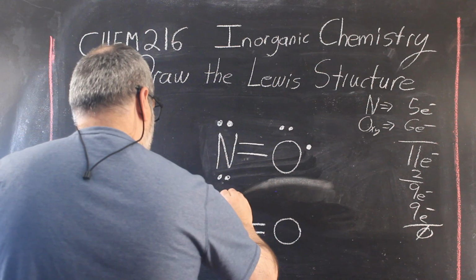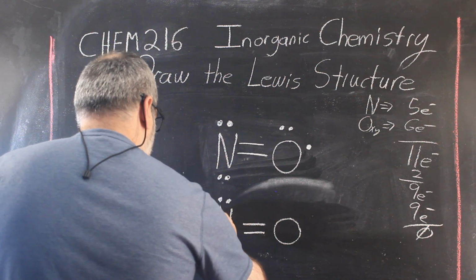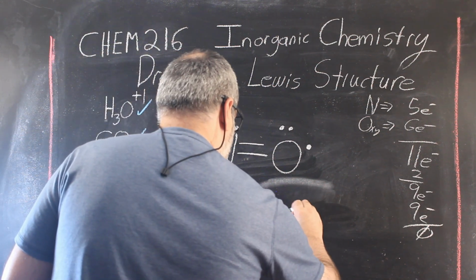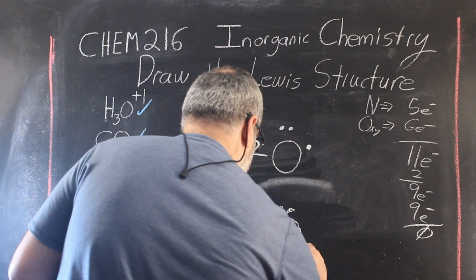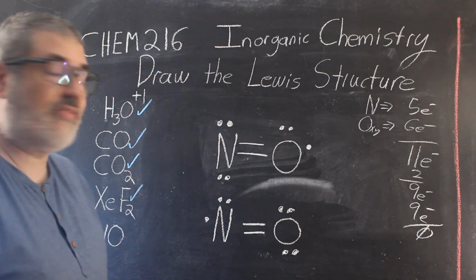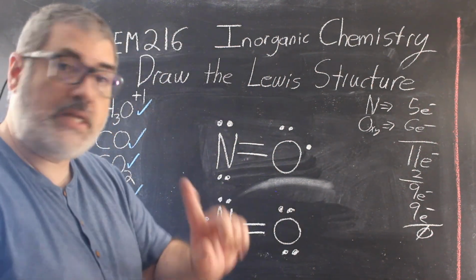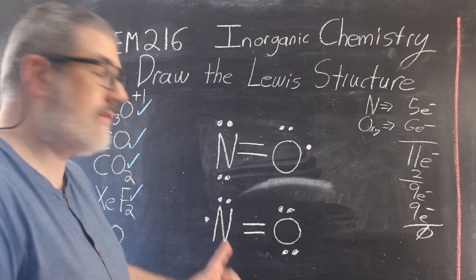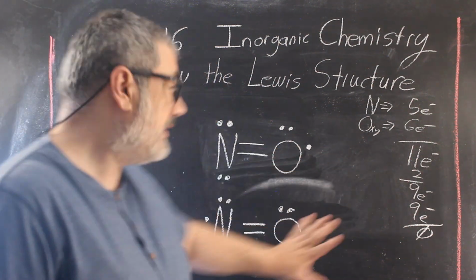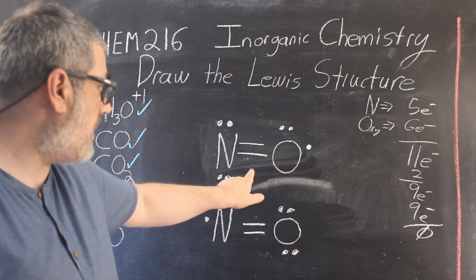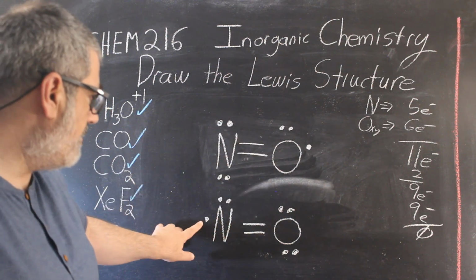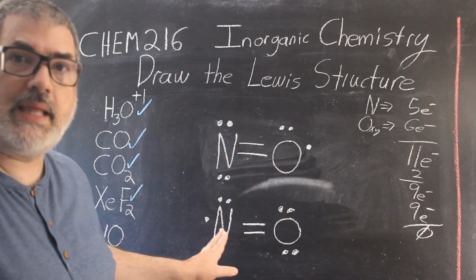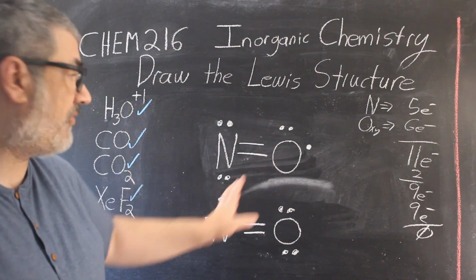So I'm going to have this structure instead. I haven't cheated. 2, 4, 6, 8, 10, 11 electrons. So we started with 11. We still have 11. We have our double bond. But I've moved the unpaired electron from the oxygen to nitrogen.